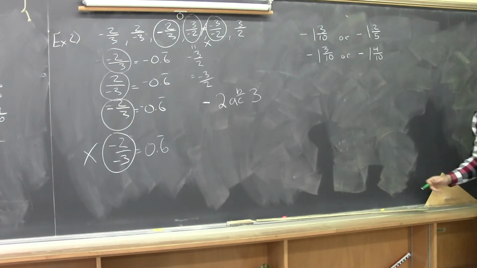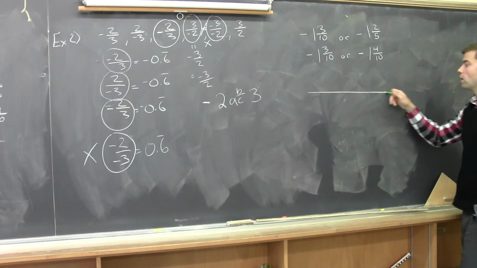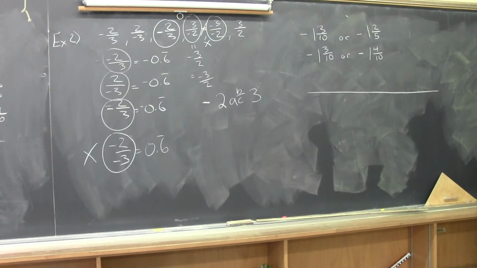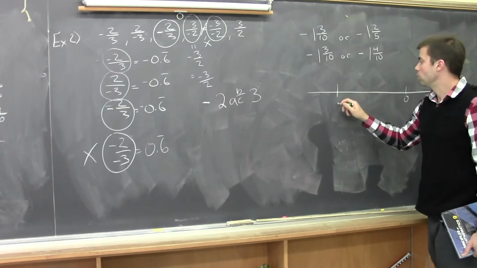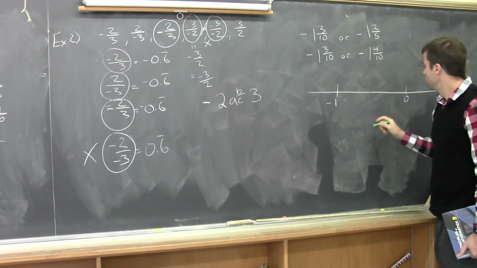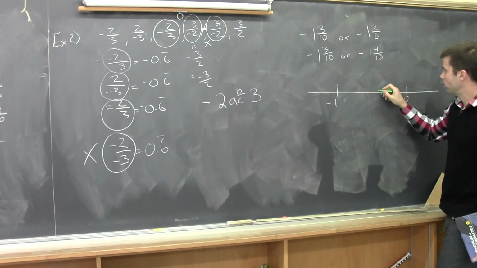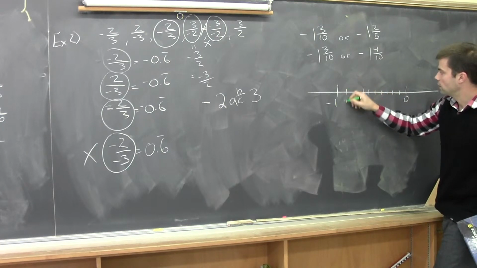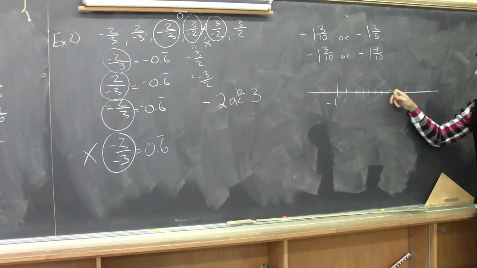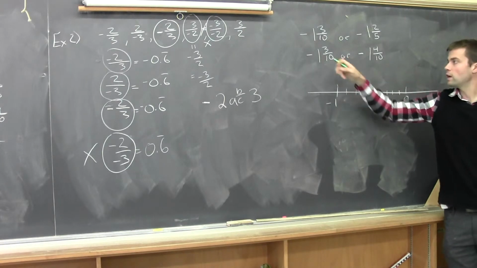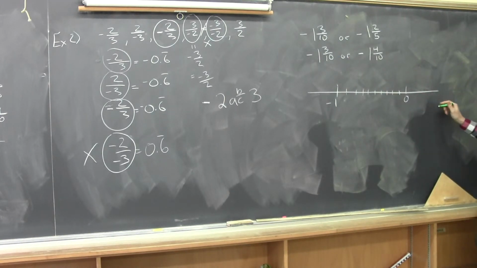One way you can do this is you can actually use a number line and draw it out. So this would be 0, if this is negative 1, 1, 2, 3, 4, 5, 6, 7, 8, 9, 10. Each one of these represents 1/10. Sorry, let's put 0 up here.